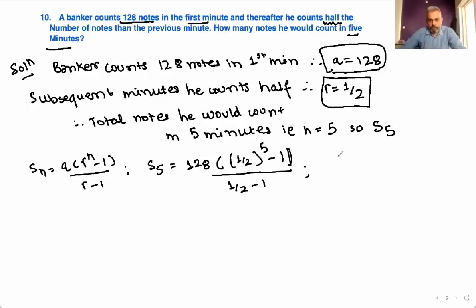So which is equal to 128 into 1 upon 2 raised to 5 is 32 minus 1 upon minus 1 by 2.